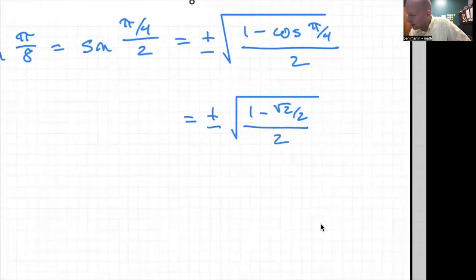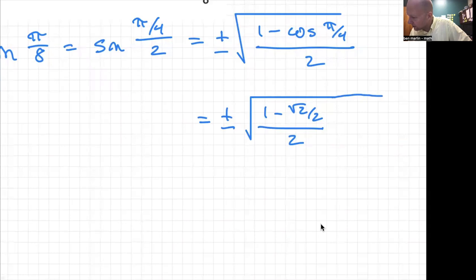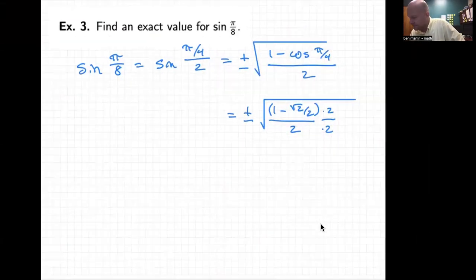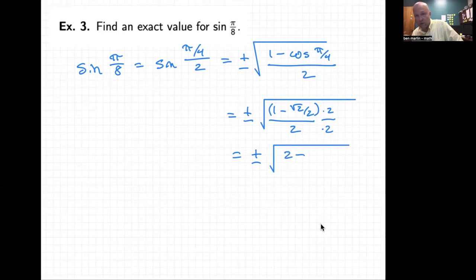I'm going to go ahead and try to simplify that a little bit by multiplying both the top and the bottom by 2. This is the same idea as what you did to get least common denominators way back in grade school, except here it allows us to distribute through and get 2 minus, see how 1 times 2 is 2, and then the 2 times root 2 over 2 will get you a root 2, and then your denominator would be a 4.